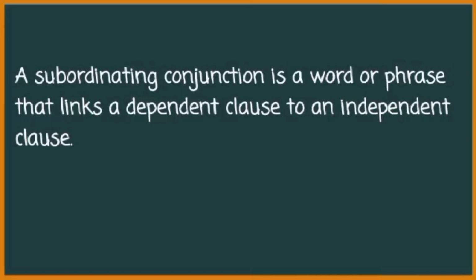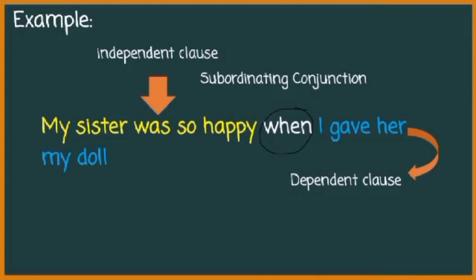And on the other hand, when we say independent clause, it is a clause that can stand by itself as a simple sentence. An independent clause contains a subject and a predicate and makes sense by itself. So I have here some examples. "My sister was so happy when I gave her my doll."